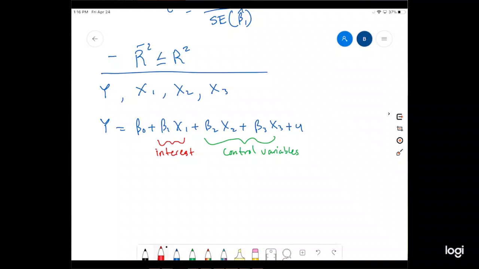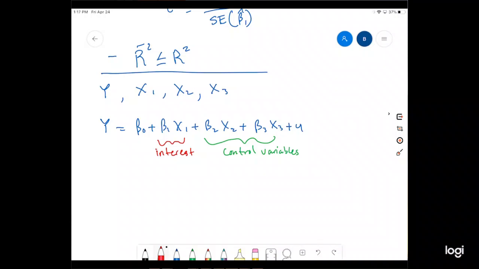Now you suspect that the marginal effect of x1 depends on x2. So you think that the effect of x1 depends on x2, so write down a model to test this relationship, still controlling for x3. So how could you do that? You think the marginal effect of x1 in reality depends on the level of x2, so write down a model to test this.